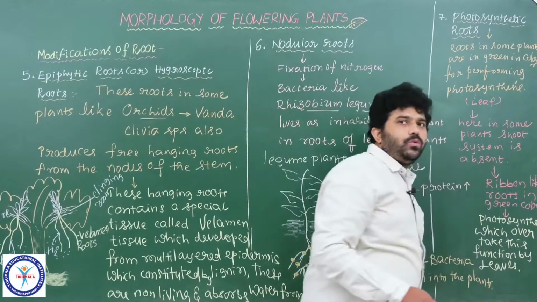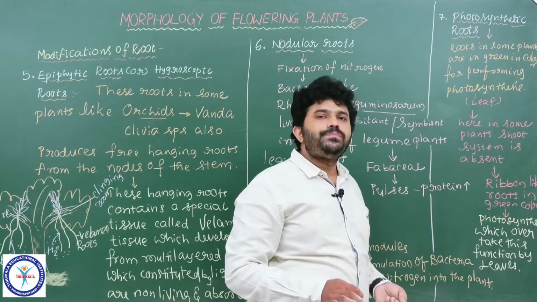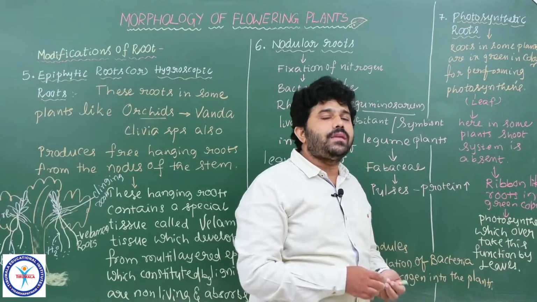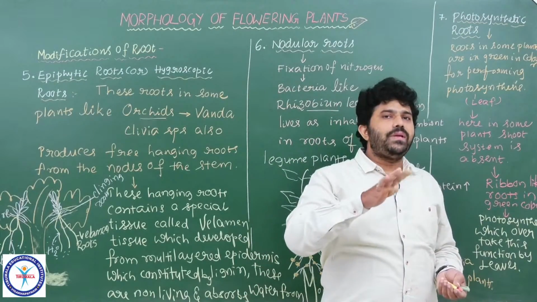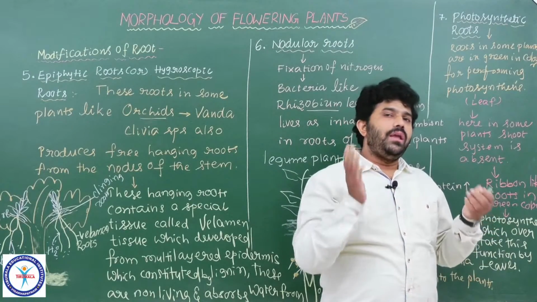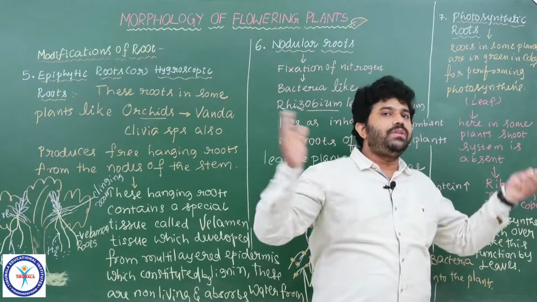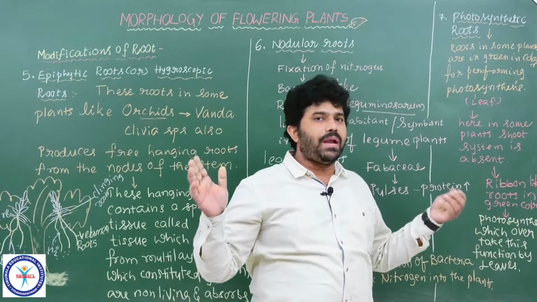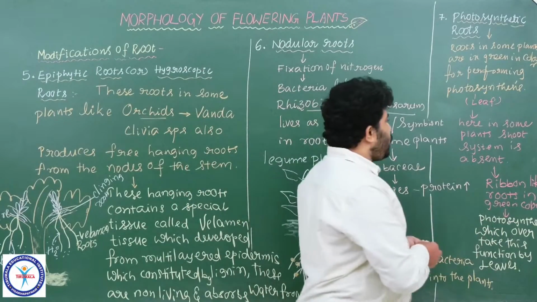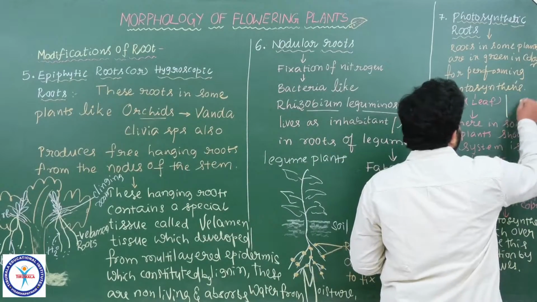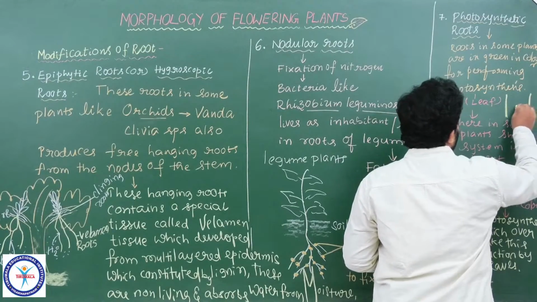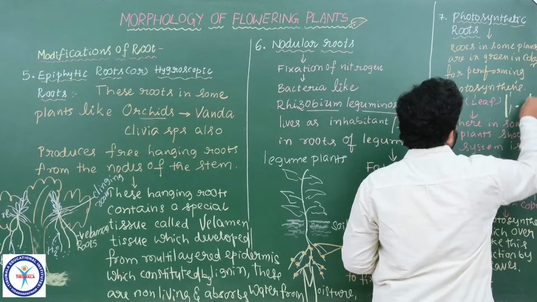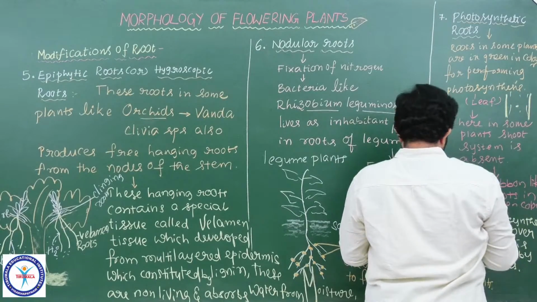These photosynthetic roots in some cases grow on the land, or in some cases on other surfaces, such as the trunk or branches of trees. Suppose it is a trunk of a tree, with bark of course.